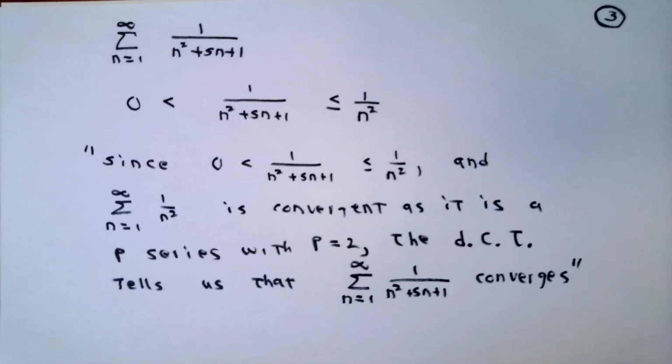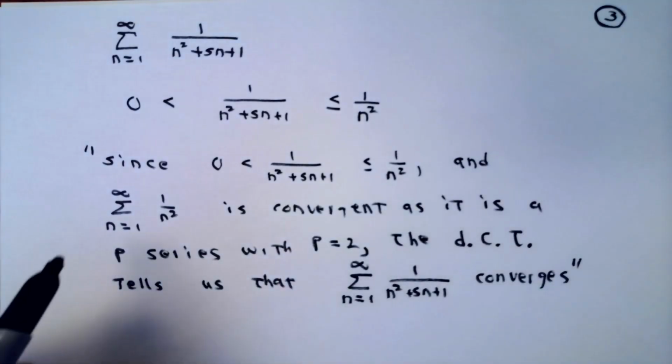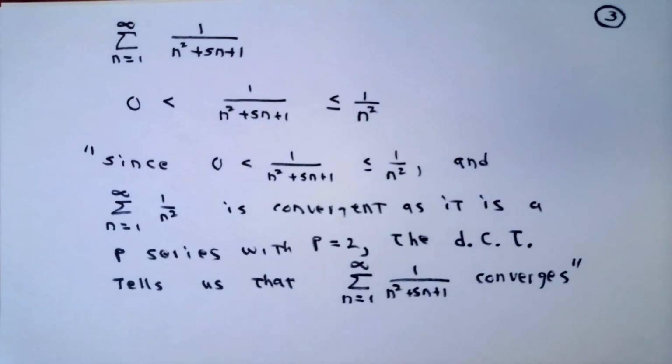Part of developing some mathematical maturity is being able to say in this way exactly what you mean. Leave nothing out that's important, but on the other hand, don't say things that don't need to be said either.